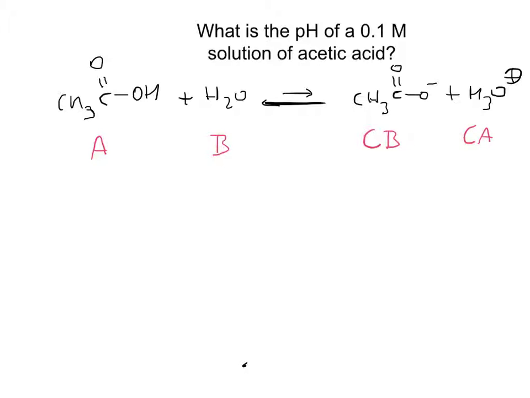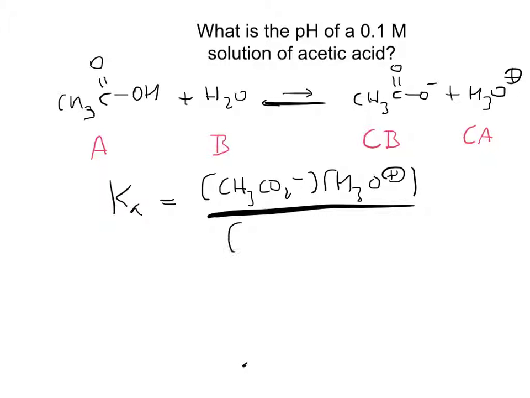And the equilibrium constant for this reaction is controlled by Ka, which in this instance is CH3CO2 minus times H3O plus, divided by CH3COOH. Now, acetic acid is in fact a weak acid, because it only dissociates to a very small extent.